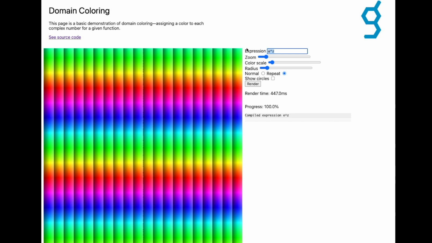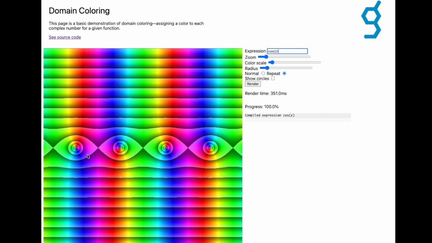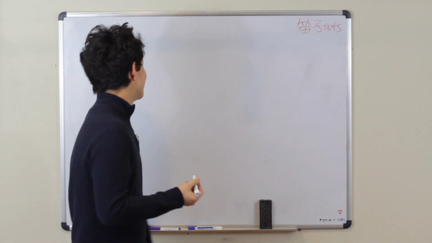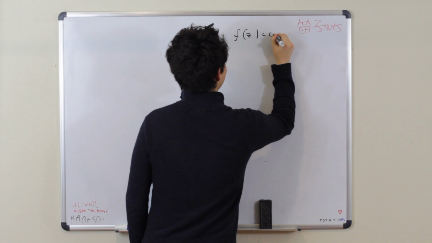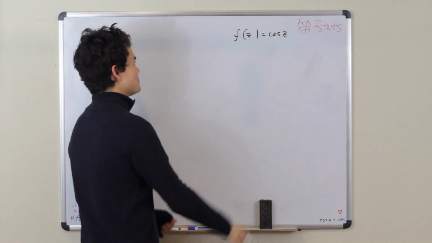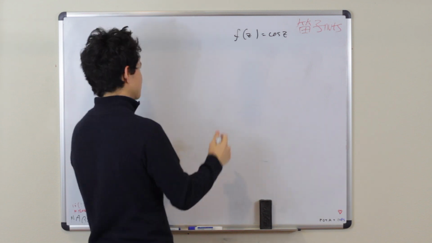And as a consequence of this, if we consider something like cosine of z, we have these zeros here at pi, 3 pi, etc. But we also have this exponential behavior coming away from the real axis. A common misconception in complex analysis, certainly for me, I fell for this, is that cosine and sine, the trigonometric functions, are periodic in both directions.